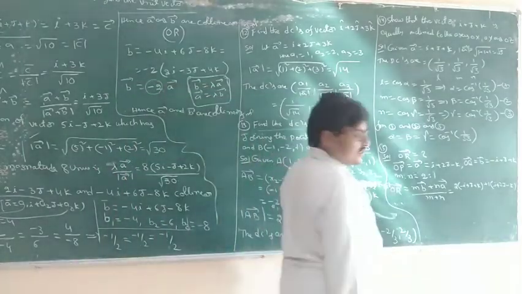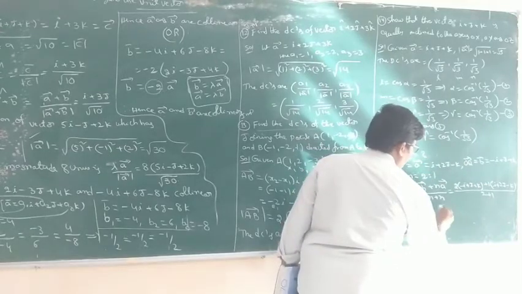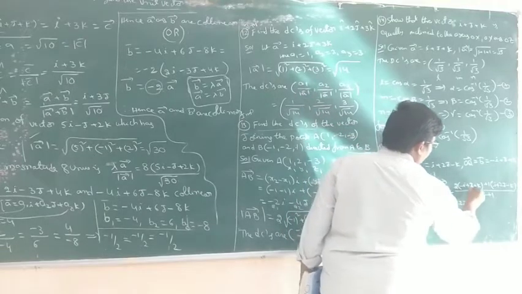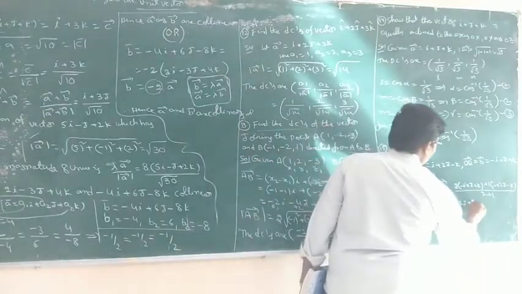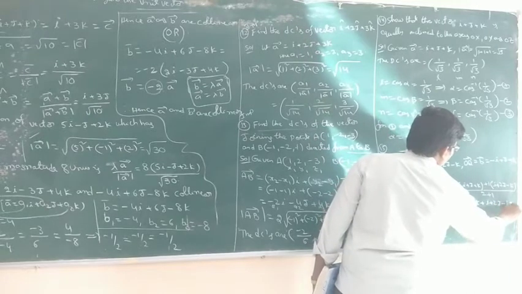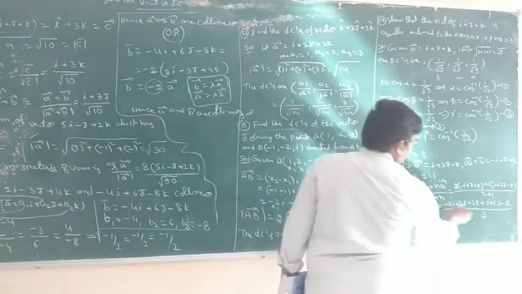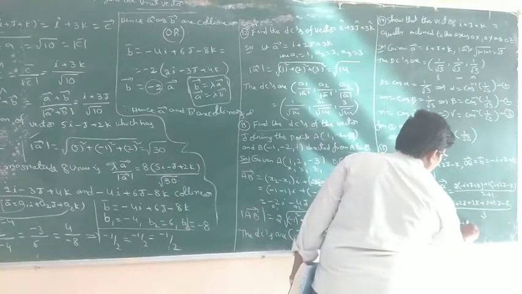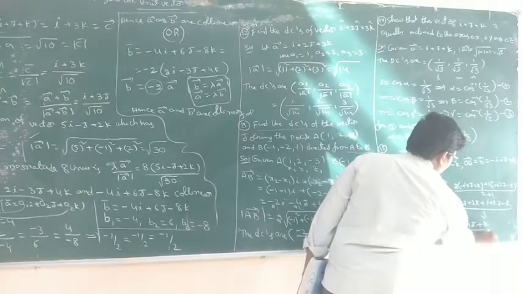So internally, divide by m plus 1, which is 2 plus 1. 2 into (minus i plus j plus k) plus 1 into (i plus 2j minus k), all by 2 plus 1, which is 3. That gives minus 2i plus i is minus i, plus 2j plus 2j is 4j, plus 2k minus k is k, all by 3.